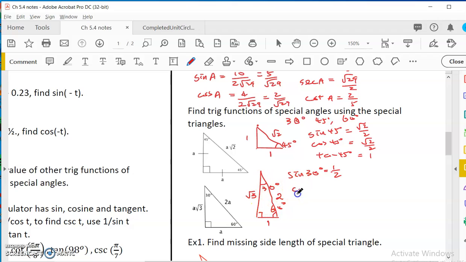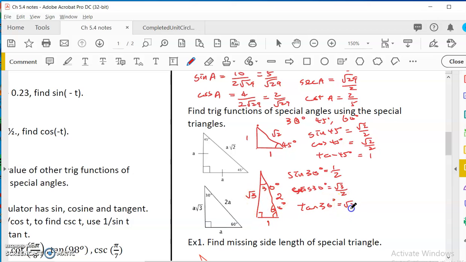So let's continue. Cosine 30 first. Cosine 30 is, if I look at this as the angle, then adjacent would be root 3, so that's root 3 over 2. Tangent 30 would be TOA. TOA, 30 is 1 over root 3.